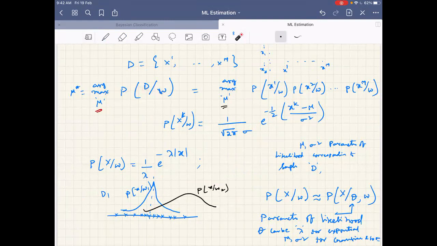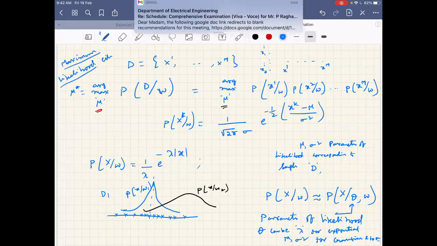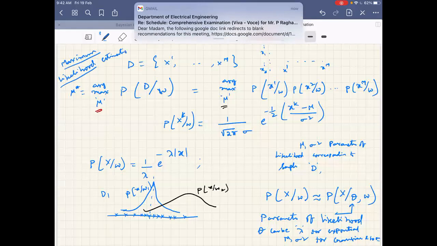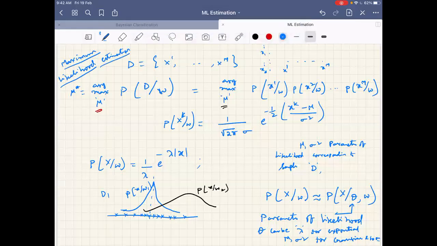That's why this is referred to as maximum likelihood estimation. Is this clear? If you maximize the likelihood of all samples, D, with respect to the parameter, then that parameter is the one which will fit the likelihood.